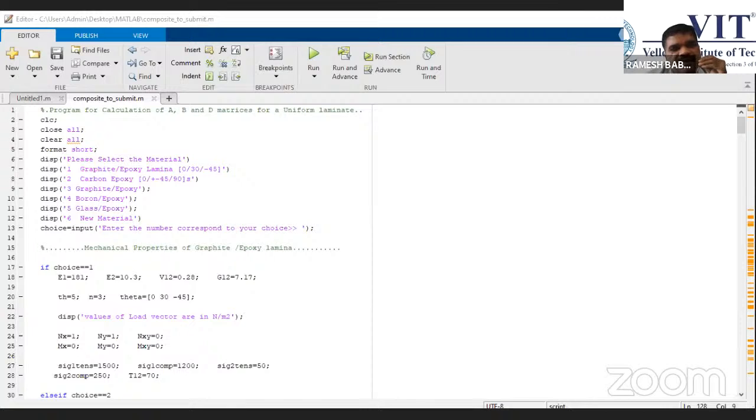Once you got those values, you can substitute them here in the same format. The procedure is the same; only finding the E value and all will be different. Remaining all procedure is the same. And you can compare your experimental and theoretical results also.